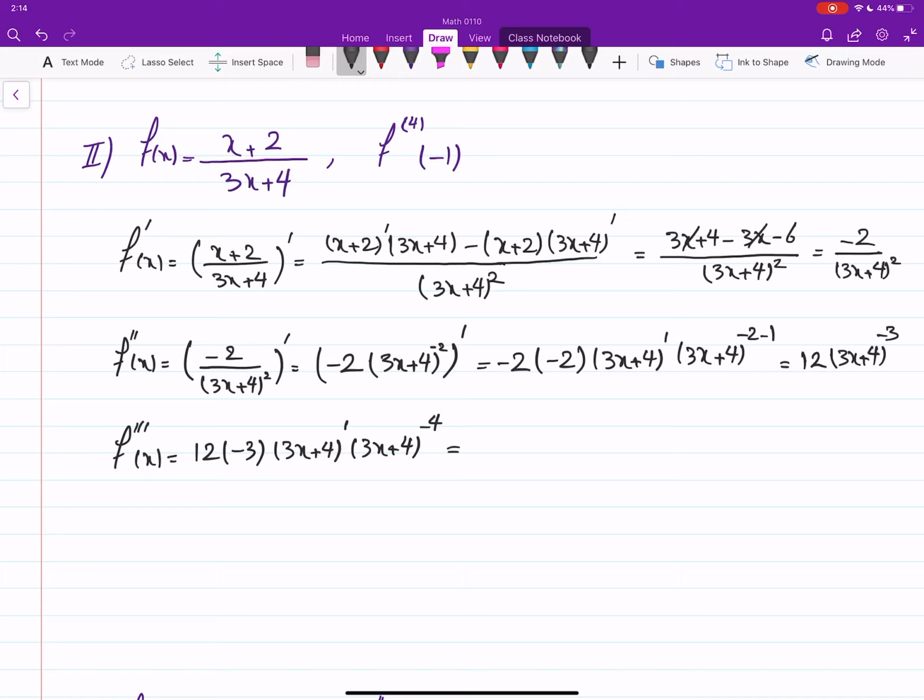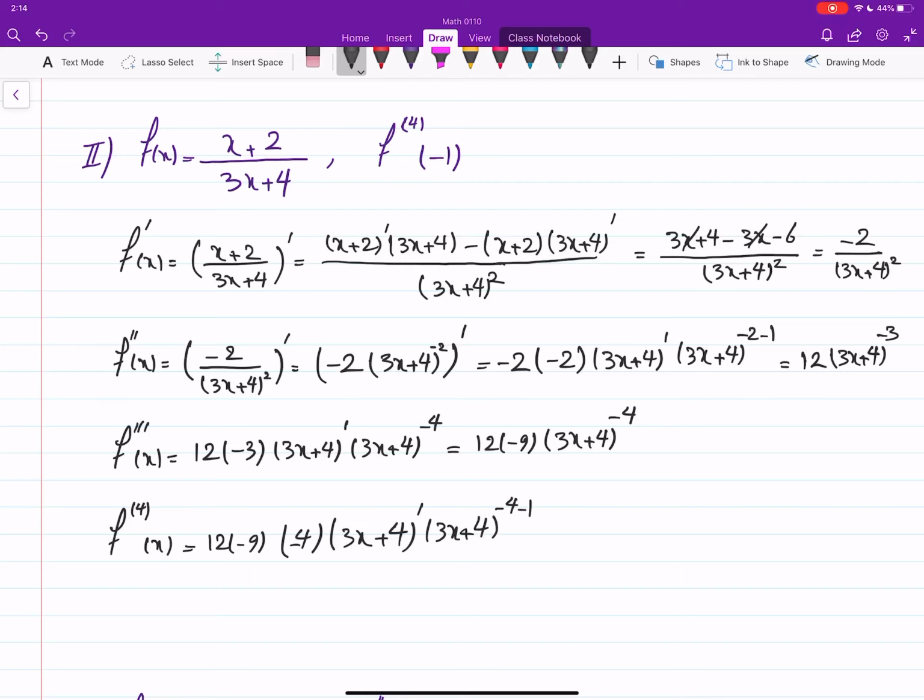That gives us 3 and another, so 12 times minus 9, and then (3x plus 4) to the power negative 4. And the fourth derivative is going to be 12 times negative 9. There's a negative 4 coming in, and then (3x plus 4)', (3x plus 4), 1 less.